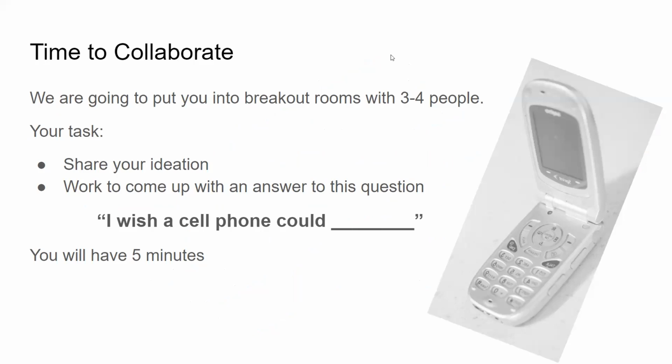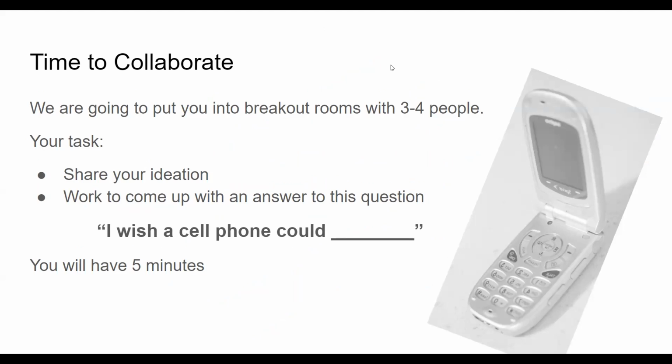So give me a second here to create the breakout rooms. Again, take some of those ideas that we had, as a group pick one that you would like to address, and that could be addressed with a cell phone.